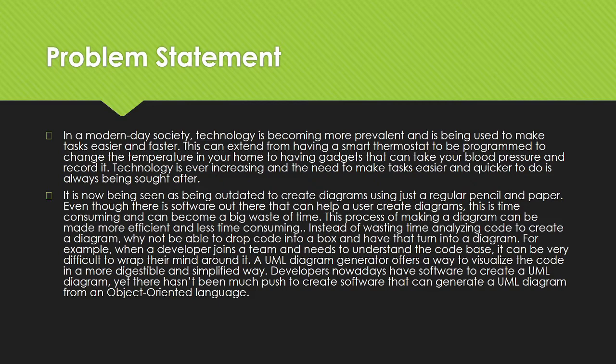Where depending on your habits and so on and so forth, it modifies itself to that. Technology is always increasing. It is always a need to make a task more efficient, more easier, quicker, and it's always being sought after to increase this process.